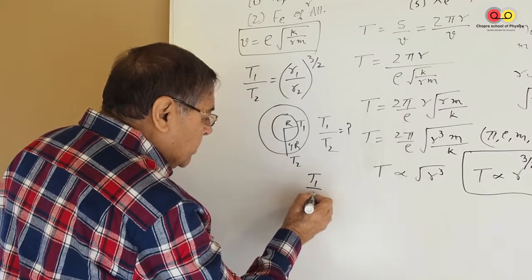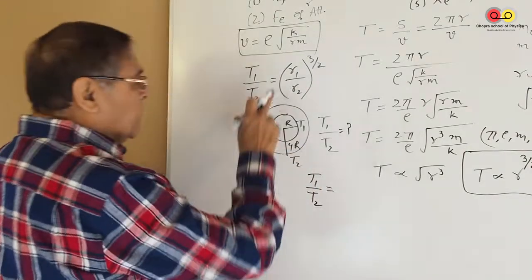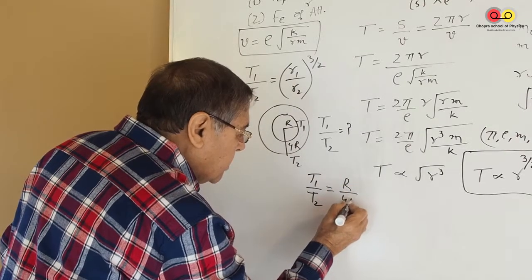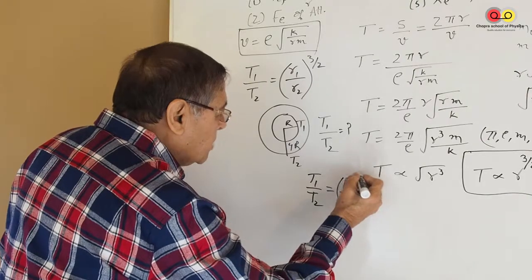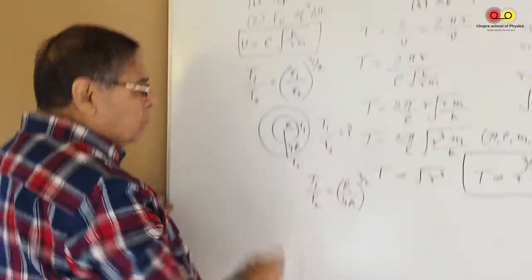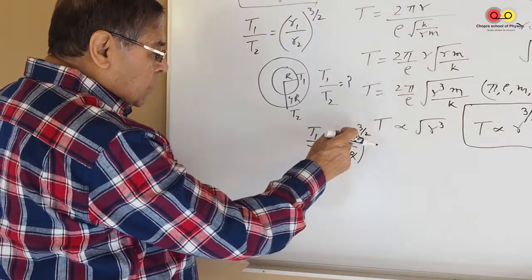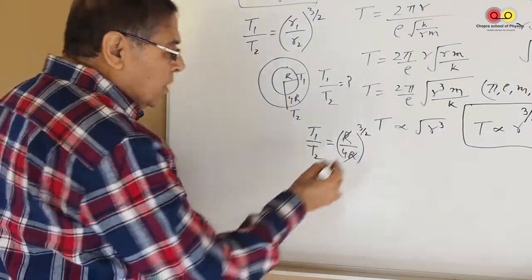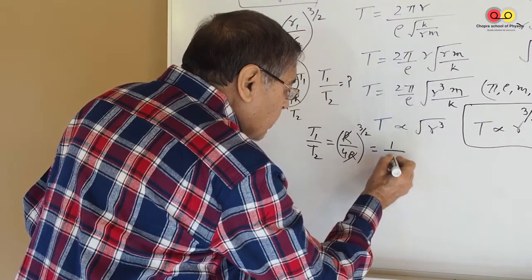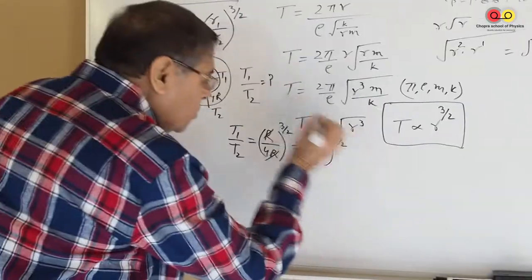T1 over T2 equals R, because here we are writing R1 by R2, over 4R, power 3 by 2, according to this relation. R will cancel off. So T1 by T2 is 1 over 4 to the power 3 by 2. We can write this as 1 over 2 square, power 3 by 2.